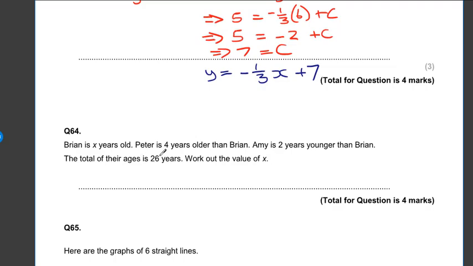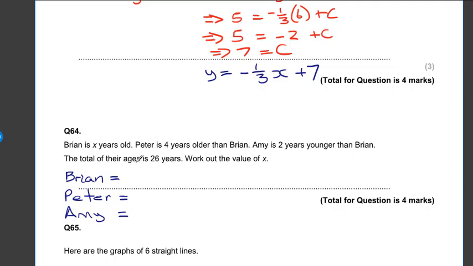The amount of people that are writing down x squares and all this, 5x, crazy stuff. Write down the proper format. Stop being lazy. The sooner you stop being lazy, the higher your marks are going to get.